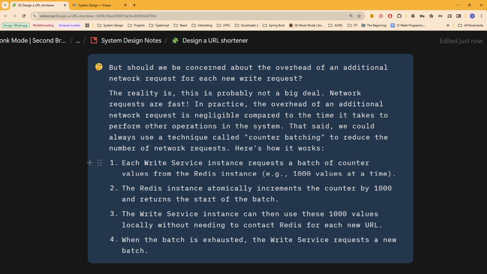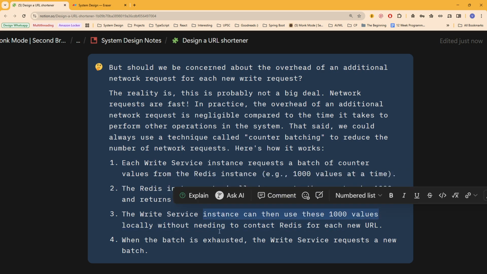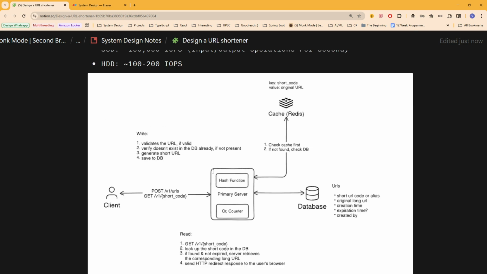Each write service requests a batch of counter values from the Redis instance. For example, here we have taken 1000 values. You can also take lakhs of values at a time, and the Redis instance will atomically increment the counter by 1000 and return the start of the batch. The write service will then use those 1000 values locally without needing to contact Redis. So this is what we were talking about there.